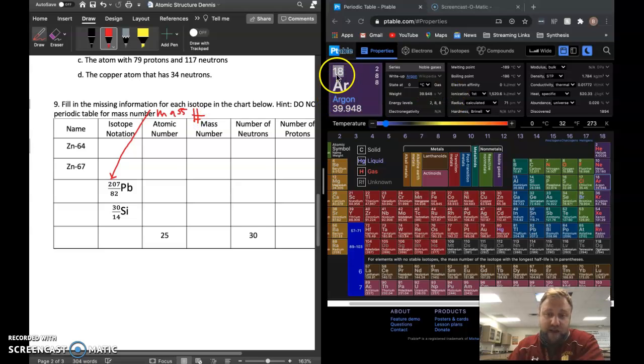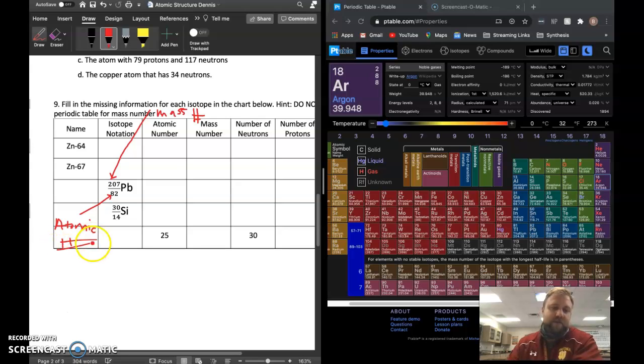On the periodic table, we have our atomic number on top and our mass on the bottom. It's the opposite on our isotope notation: our mass is on top and our atomic number is on the bottom. So atomic number.